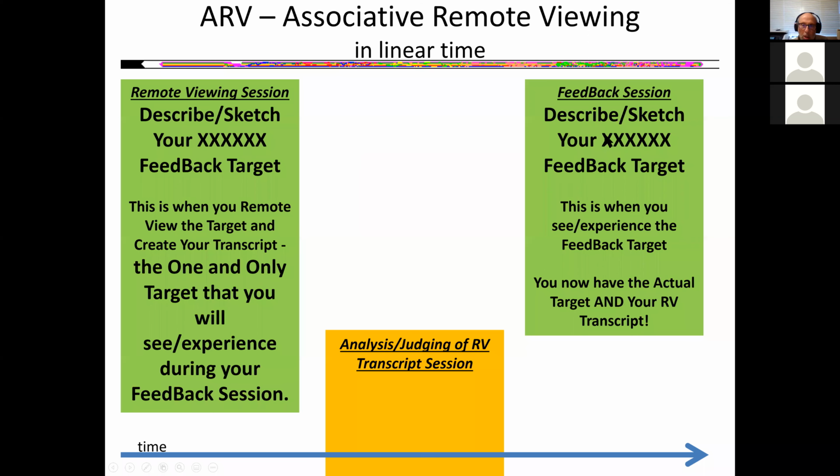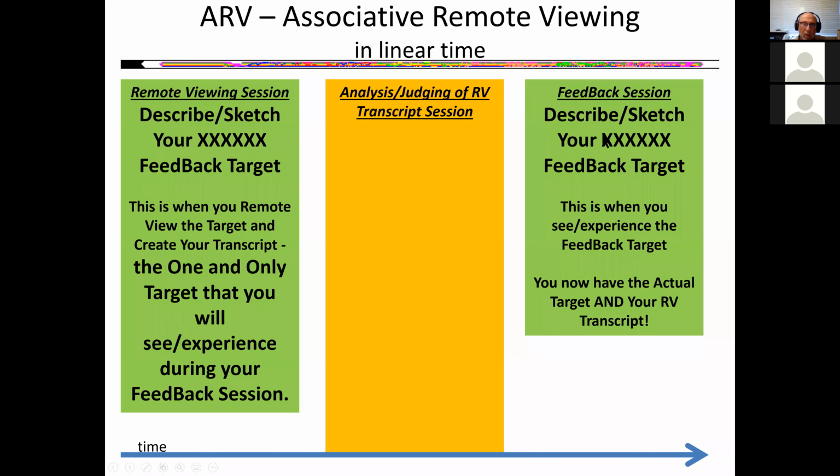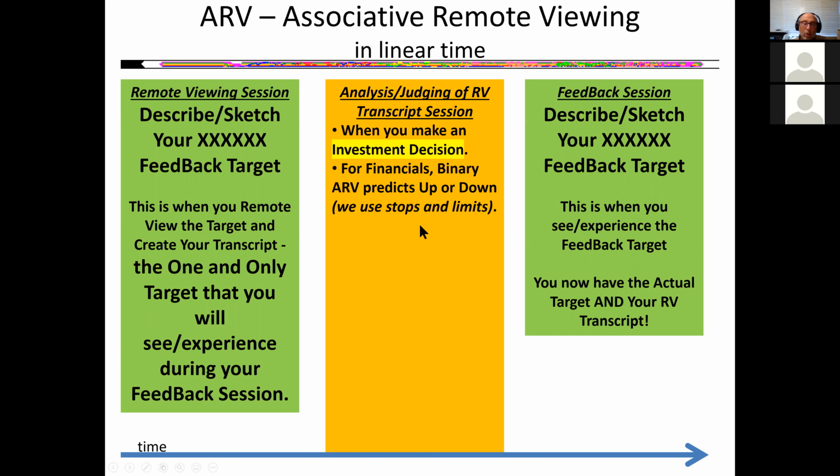But in associative remote viewing, we have in linear time in between this analysis judging session where you are basically analyzing your transcript. Now, from that analysis comes an investment decision, whether you should go.